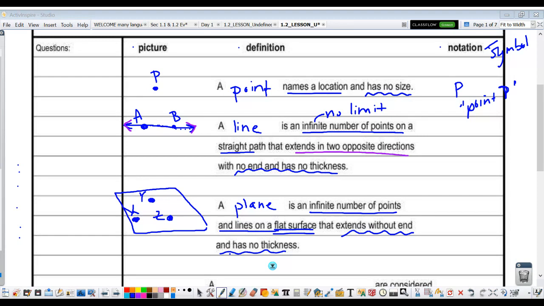All right, well, let's go back and name our line. So we have a line going through 2 points, point A and point B. And what we do is we put the capital letter A and B and we draw a picture of the line on top. This is line AB.